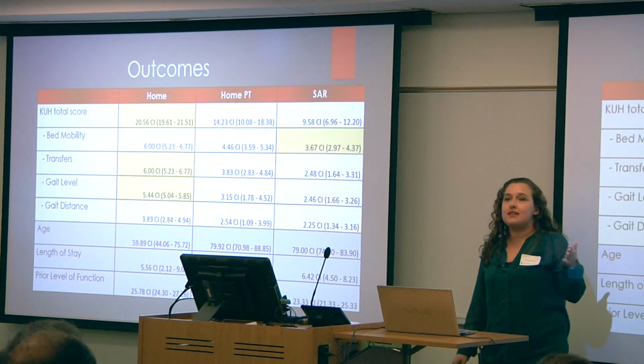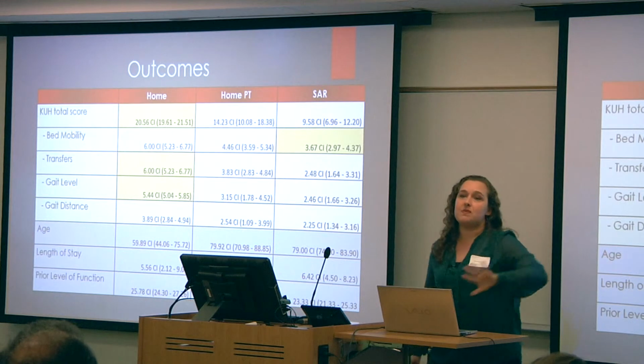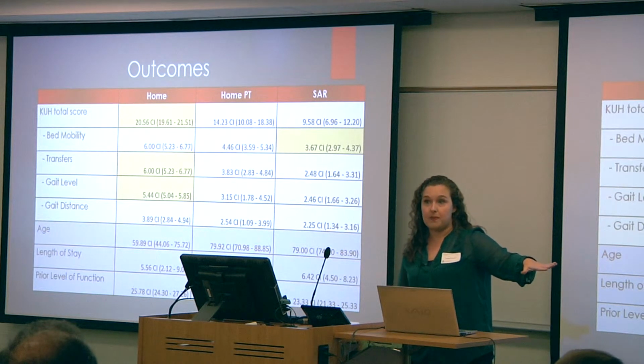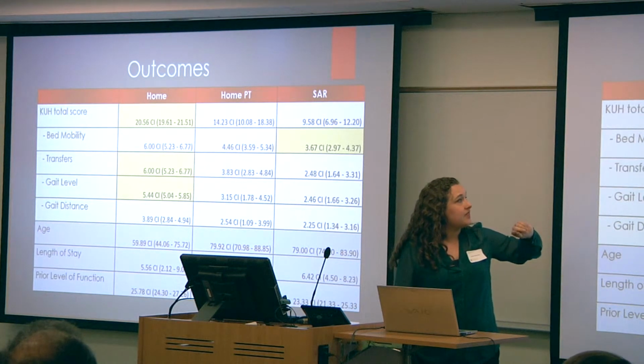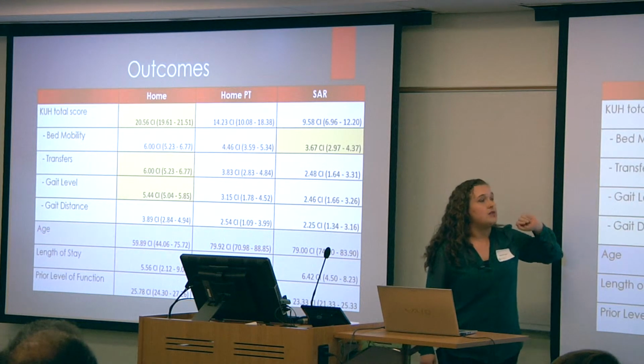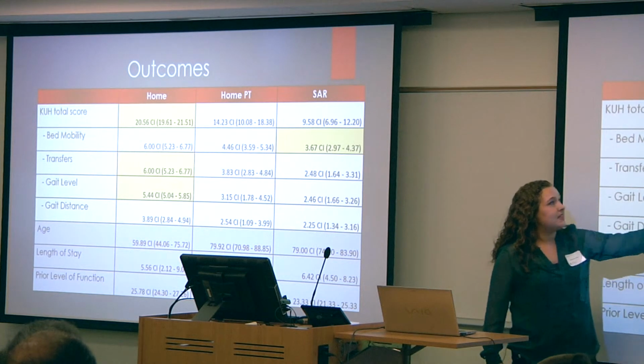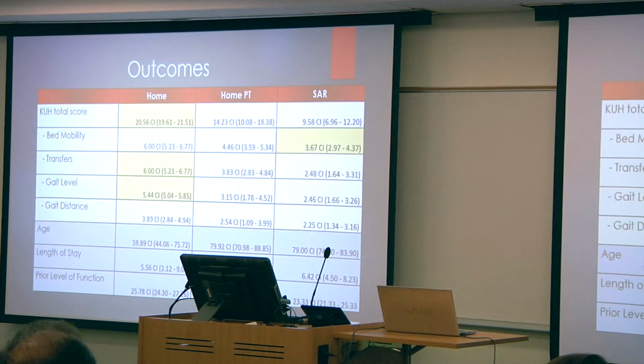There was a distinct improvement in functional ability between the people who were just sent home and the people who were sent to further therapy. And specifically, transfers and gait level also showed that trend. Interestingly, the only one that was significant for patients who were sent to subacute was bed mobility.